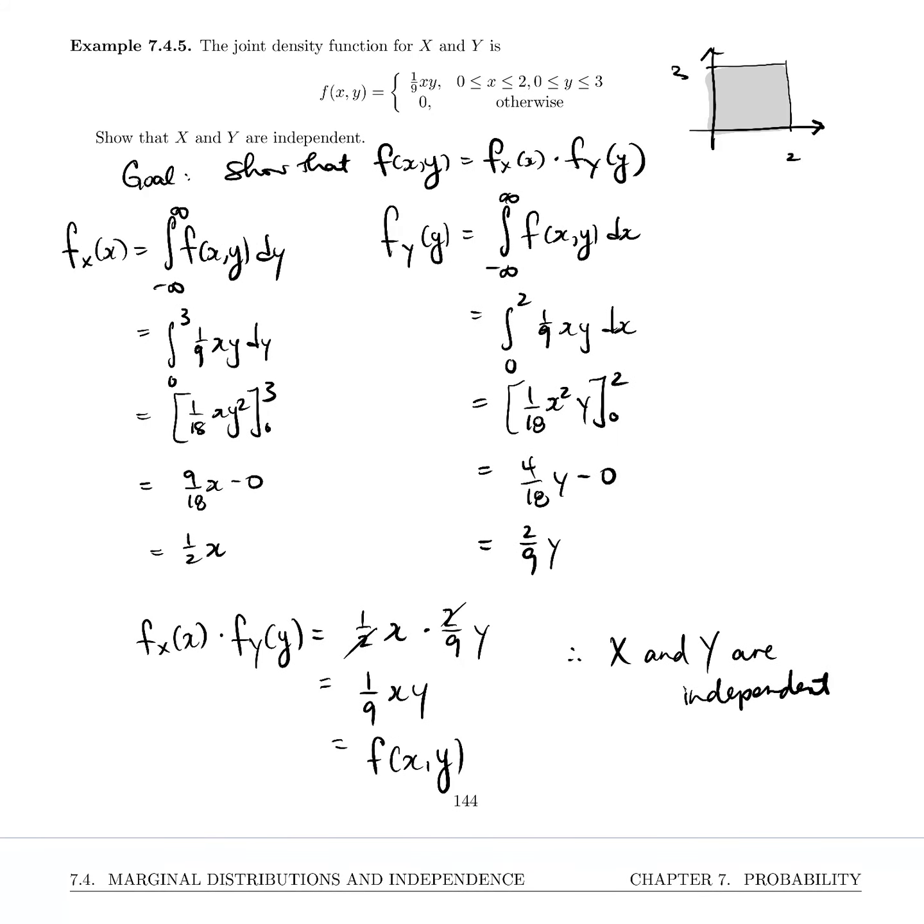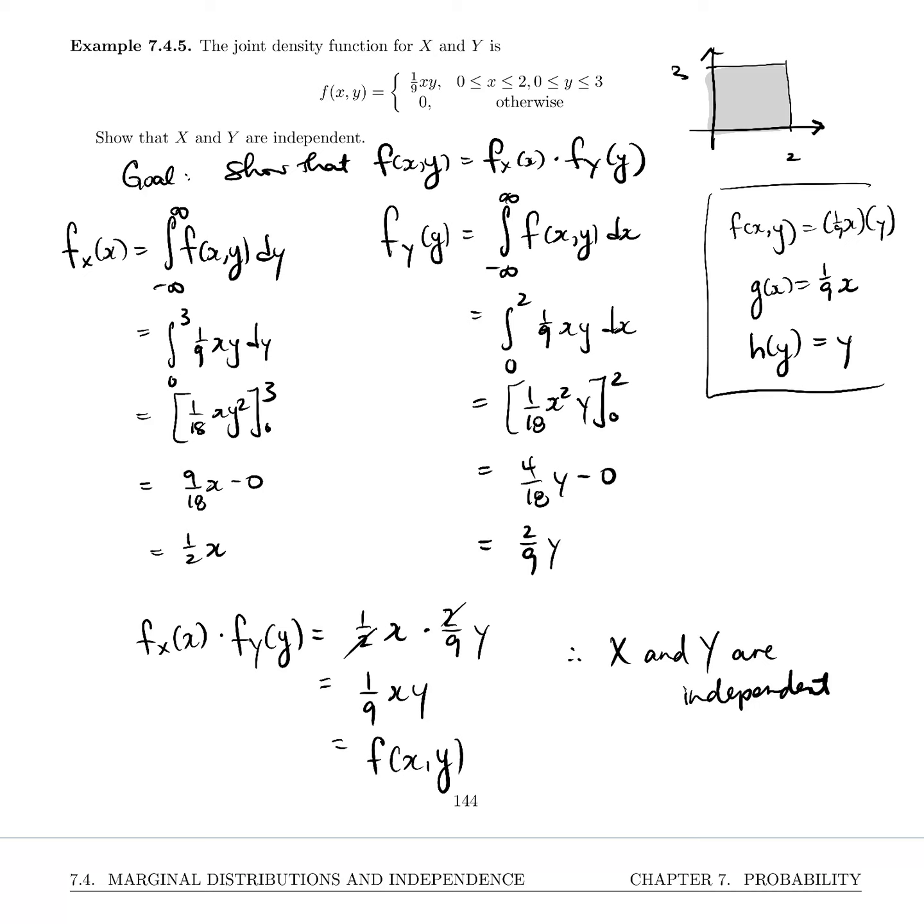So up here in the previous example, we could have said, well, look, f of xy can be written as 1/9 x times y. We're on a rectangle. Both of these are non-negative on that rectangle, and so we're thinking that g of x could be 1/9 x, and h of y could be, well, just y. And those are not the marginal functions that we got, right?